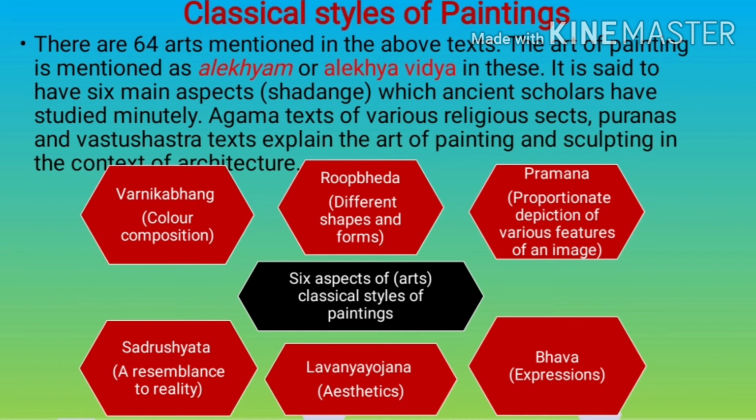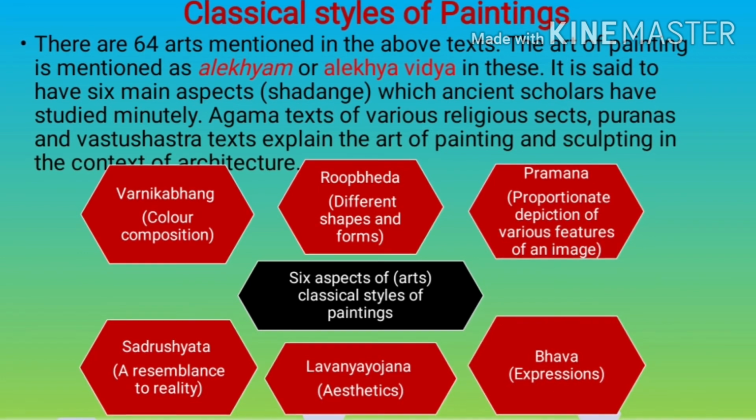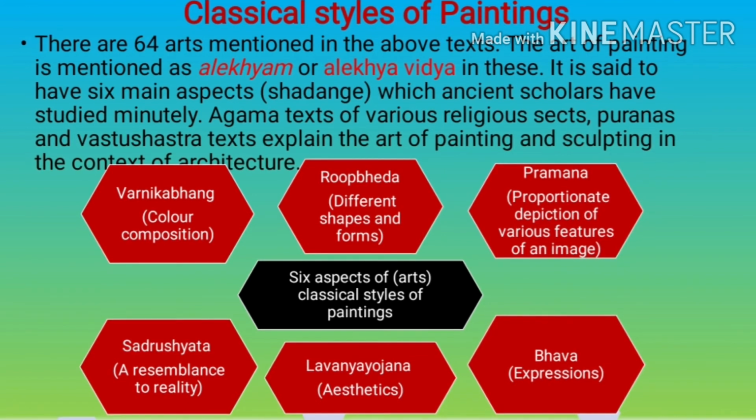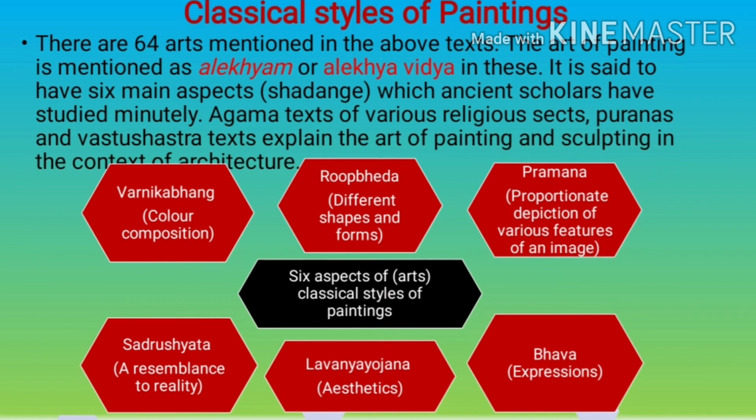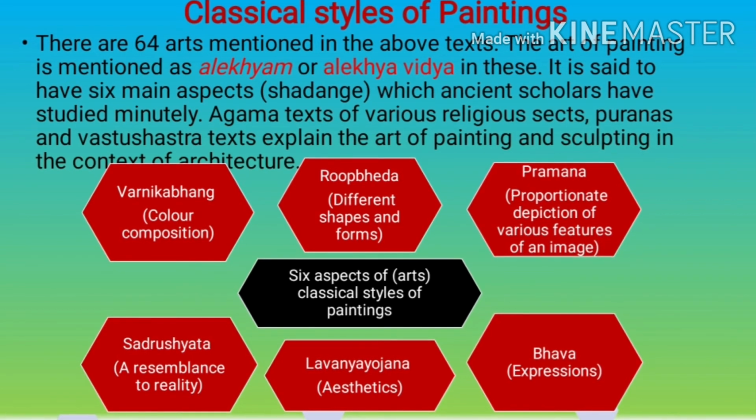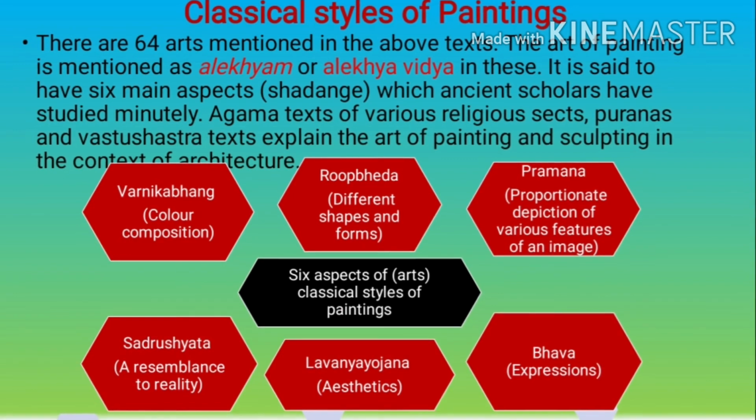Then comes Sadrushyata, which means an artist should create art which resembles reality. Then Lavanya Yojana, that means he should also take care of the aspect of beauty, that is aesthetics. Then at the end, it is proper expressions, which is known as Bhava.